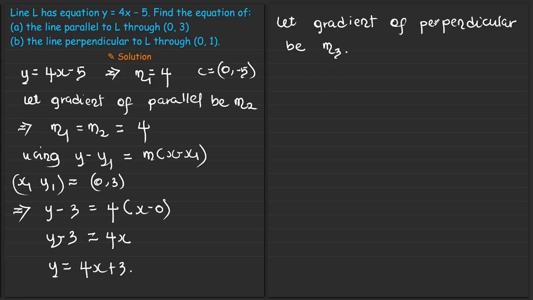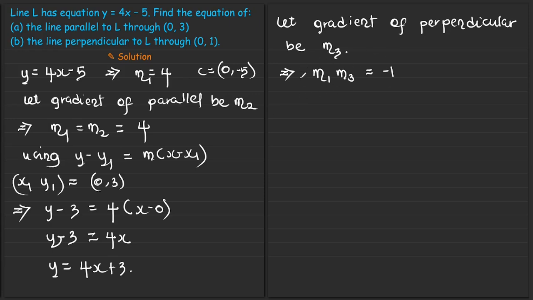Now, if it is perpendicular, then the product of M1 and M3 is equal to what? -1. Remember the condition. It's either you use this, or you go straight forward and say M3 is the negative reciprocal of the other.